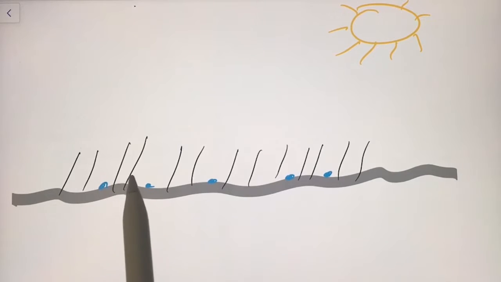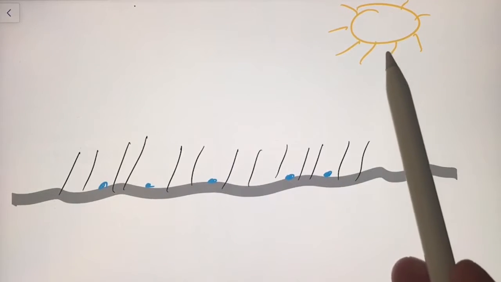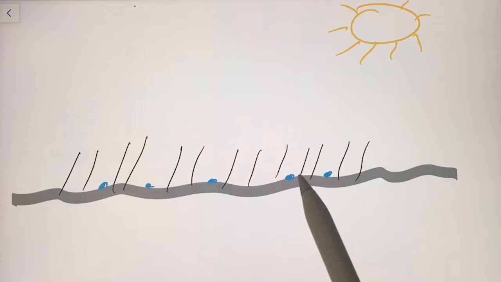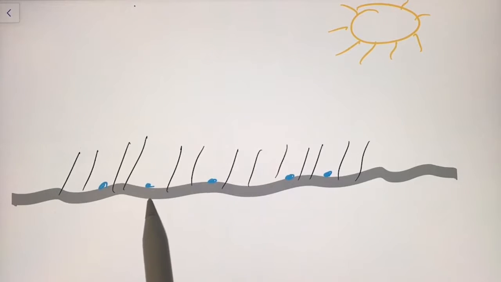This stubble shades the ground, decreases the sunlight hitting that soil surface and transferring energy to that water droplet that would then cause it to turn into a vapor. It also decreases the temperature at the soil surface. So having that stubble out there shading the ground really provides a big benefit.